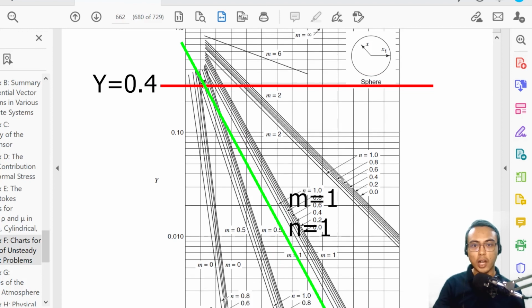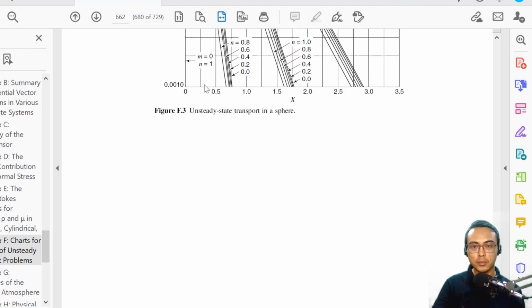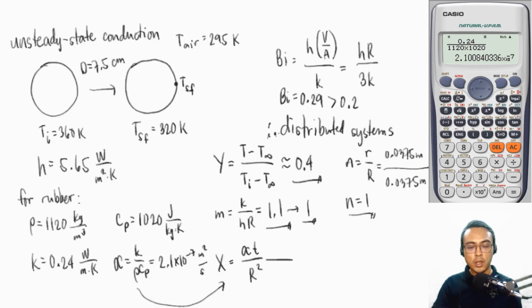So let me scroll down and let's read for the value of X. Okay, the value of X is where my cursor lies right now. So you can see here that this is open for interpretation and that the value is between 0.25 and 0.5. Okay, let's just say that our value of X is 0.3. Going back, if the value of our X is equal to 0.3, we can now solve for the time elapsed.